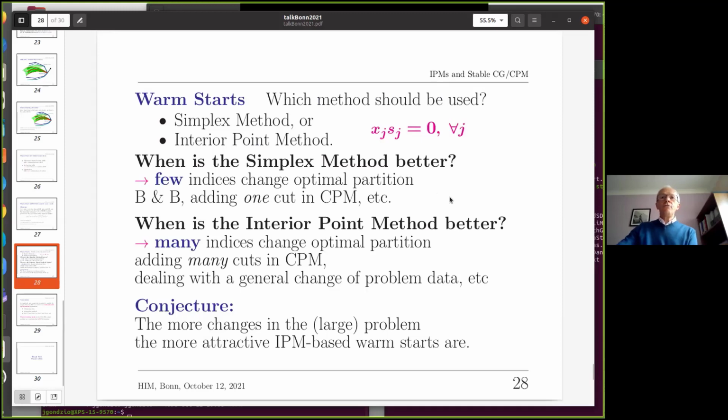Right. So if we were to summarize what happens with the warm starts, we face the difficulty with judging what will happen to the complementarity condition. In other words, how to define the optimal partition of a problem and the new problem.